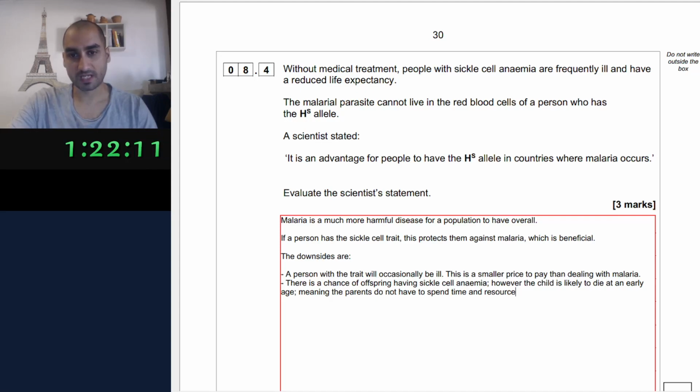Meaning parents do not have to spend time and resources to bring up the child for it to... It's better for it to die early, if it's going to die at all.